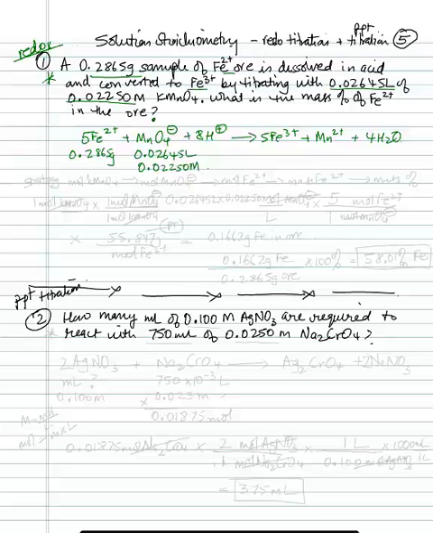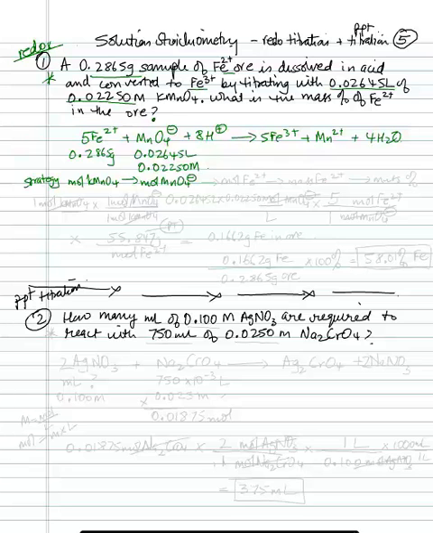So the strategy for this one is going to be the same, which means that you will go from moles of KMnO4 to moles of manganate, because in our equation we have manganate.